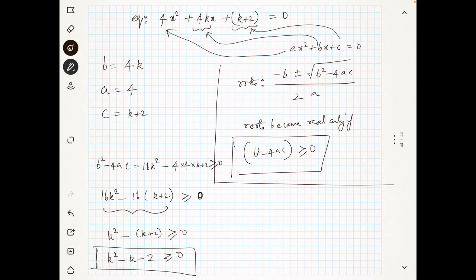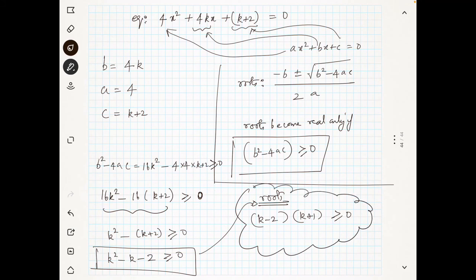So this is the first part of this problem. This number should be greater than or equal to 0. You can find the roots and split this equation as k minus 2 and k plus 1. This being greater than or equal to 0 is the main core idea of this problem.